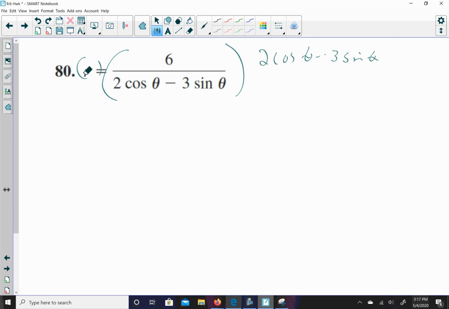When I distribute the r, I'm going to have 2r cosine theta minus 3r sine theta. And then here, these will simplify, and I'll be left with 6.